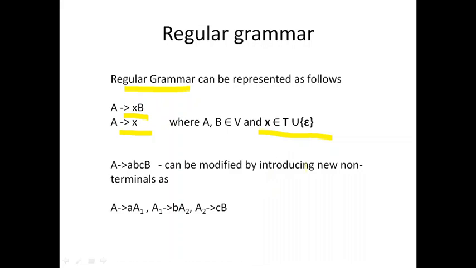It can also be epsilon. The next format is productions of the form capital A giving x. Now we are going to talk about a format where we limit x to have at most length 1.